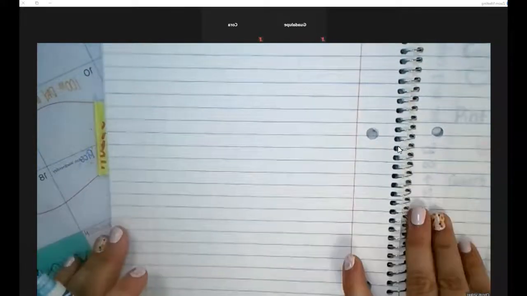Okay, so on the next page, at the top, we're going to put mass and weight.